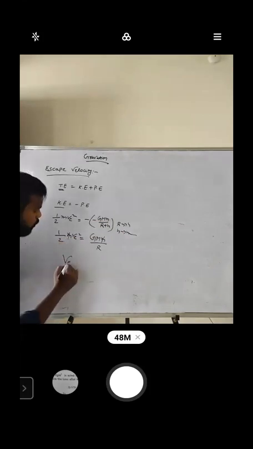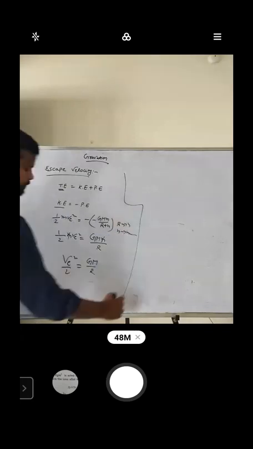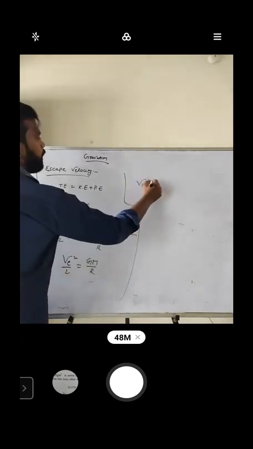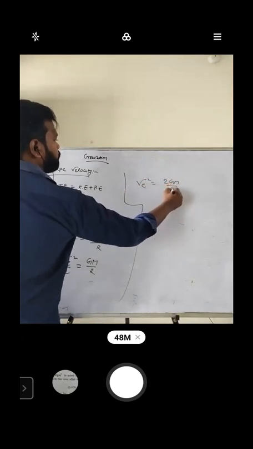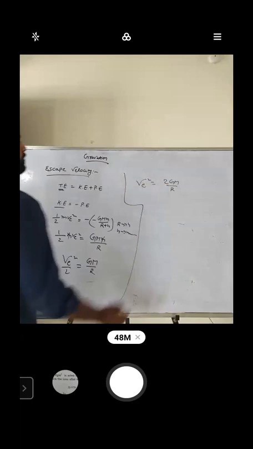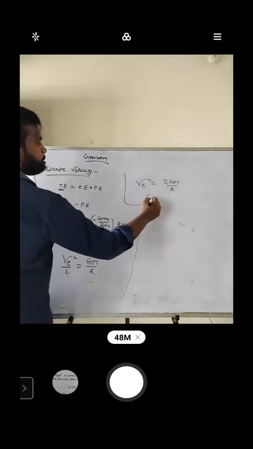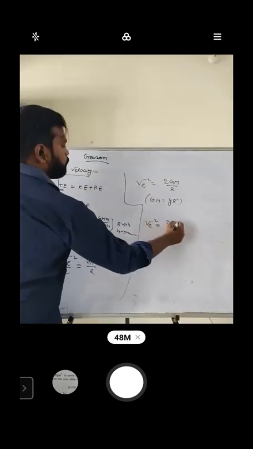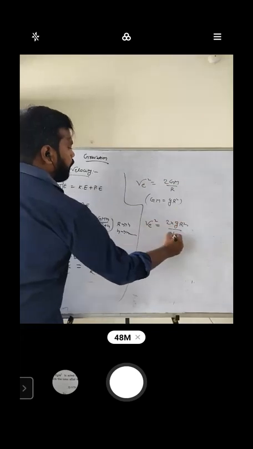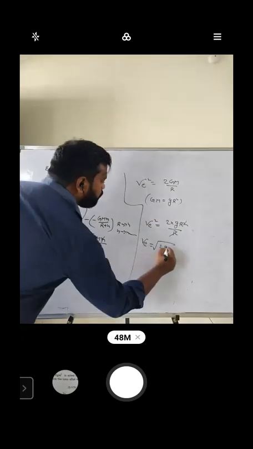V square by 2 equals GM by R. So V_E square equals 2GM by R. Instead of GM, what can you write? GR square. So V square equals 2 into GR square by R. R gets cancelled, so V equals root 2gR.